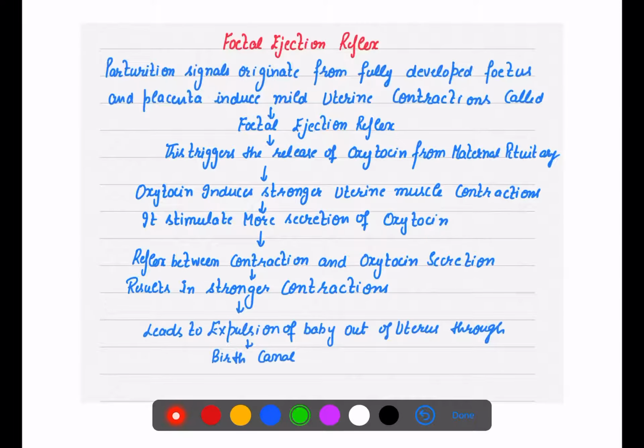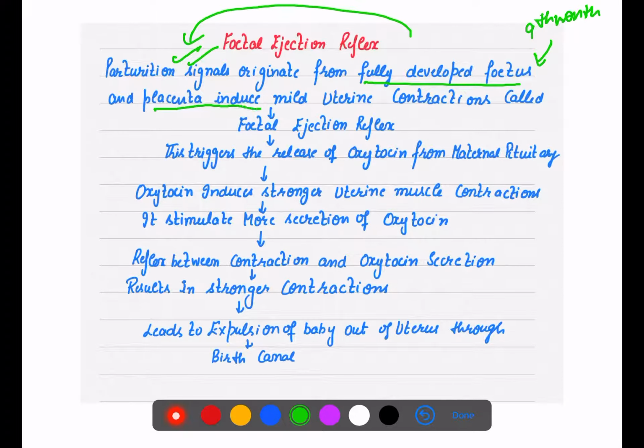How does this fetal ejection reflex happen? The parturition signals actually start from the fully developed fetus. When the fetus is fully developed, when 9 months are complete, there are signals that come from the fetus. Now the placenta starts inducing mild, a little slow contraction in the uterus.